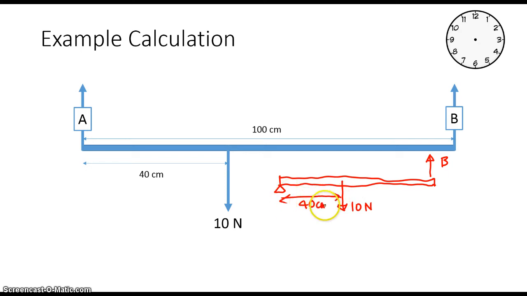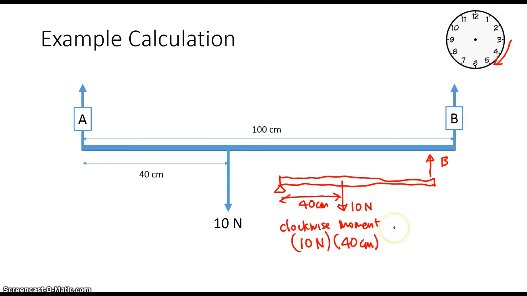40 cm. Let's write down our clockwise moment. In this case it's 10 Newtons times 40 cm, because notice that 10 Newtons would pull the rod downwards in the direction of the clock. So that is a clockwise moment, 10 Newtons times 40 cm.